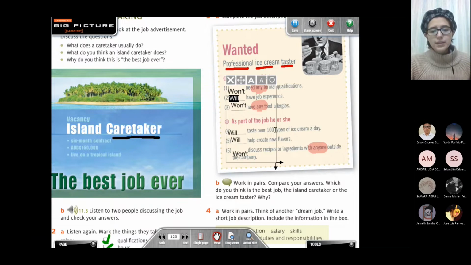But the disadvantage could be to taste over 100 types of ice cream a day. Well, that could be not, right? That could be really difficult. Yes, to try 100 types of ice cream per day. So your tongue is going to be, I don't know. Sebastian, what do you think? Which of these jobs would you choose?